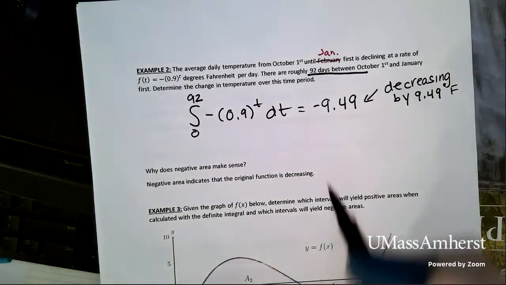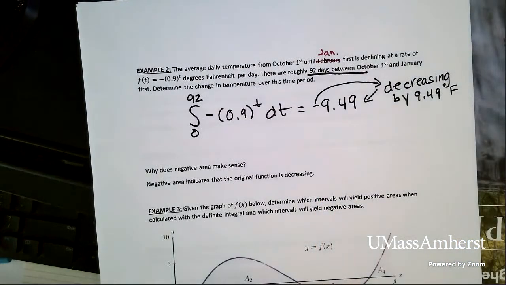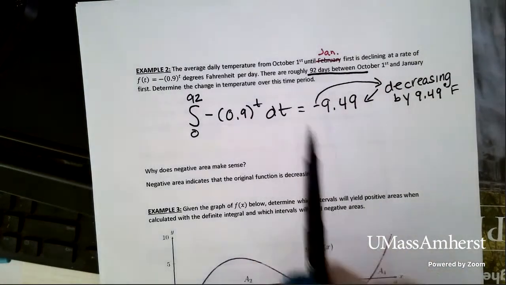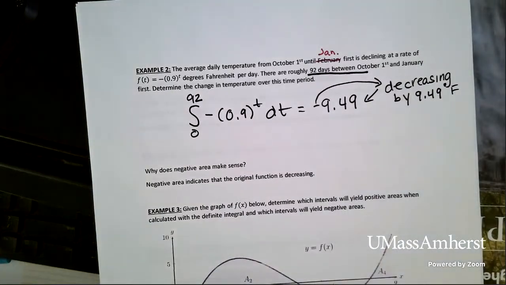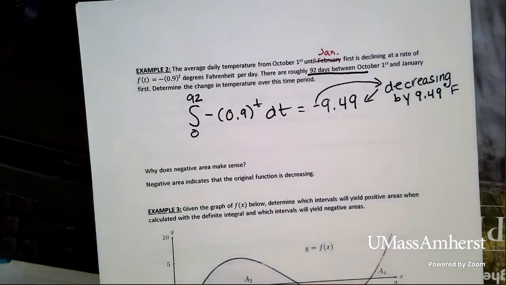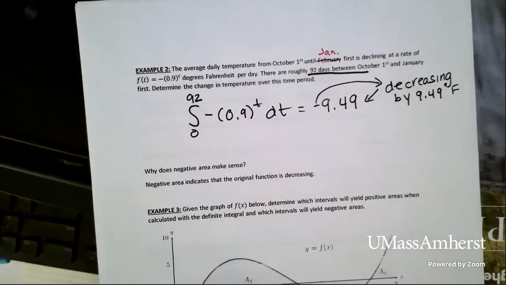Okay, so the negative tells us that we are decreasing in the original function. So the original function, which is temperature, changes by 9.49 degrees and it decreases by 9.49 degrees. So if we had an initial temperature, we would do that temperature minus 9.49.